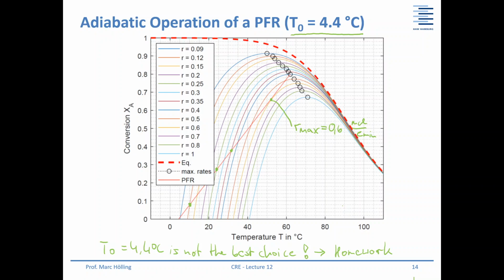Okay, and then I think you know what you have to do. You have to use all this data, and then you can create with it a 1/r versus XA plot. And this is what I have done for you on the next slide.